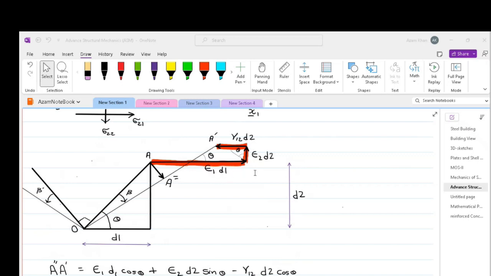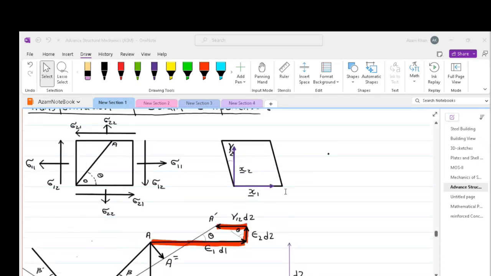Using the same logic, we can multiply the strain 2, which is in the x2 direction, to the original length D2. And the shear distortion gamma 1 2 can be multiplied with D2 in the x1 direction. So as we can see in this figure, the movement towards the left is gamma 1 2 times D2.